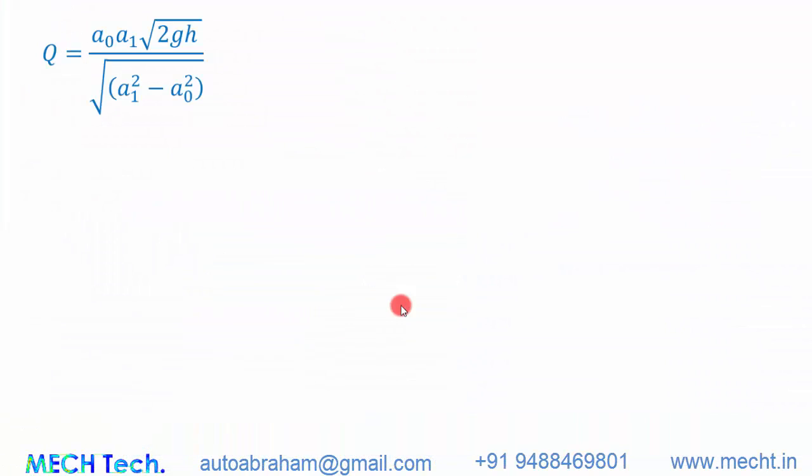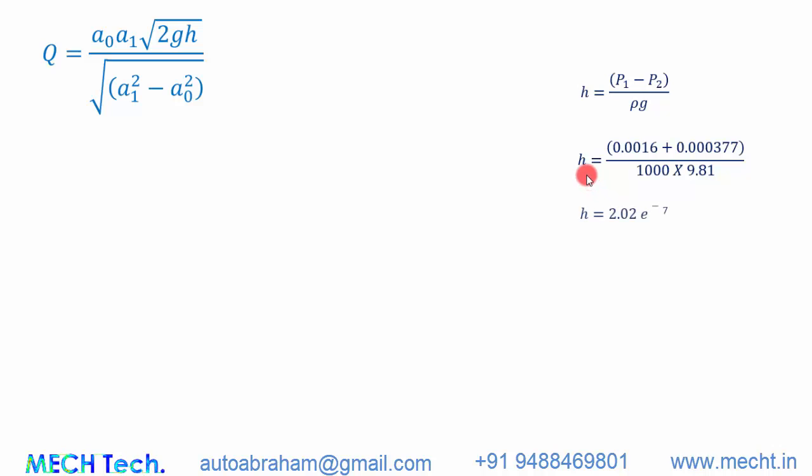And we know the formula for calculating the discharge, that is derived from Bernoulli's equation. A0 and A1 are the areas of the orifice and the pipeline, and H is the pressure head difference that we have seen now, that is pressure at the upstream minus pressure at the downstream divided by density into gravity. Let's calculate that, and the drop in pressure head comes to a value of 2.02 × 10^-7.